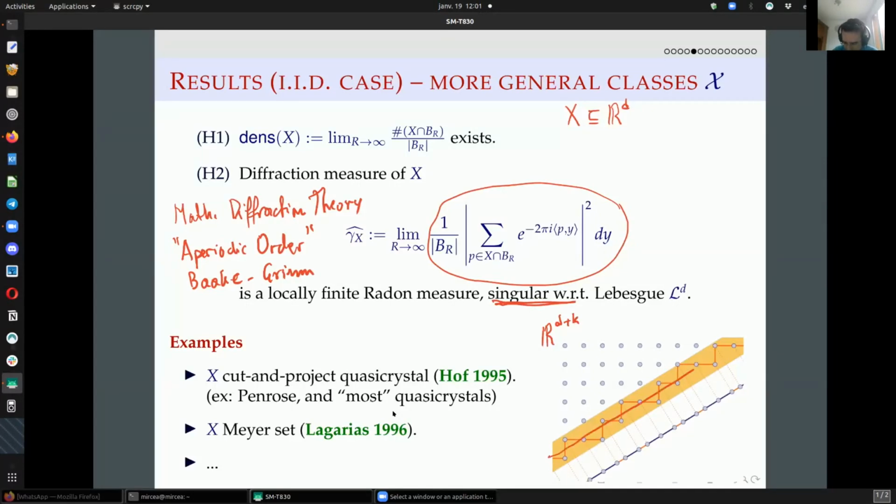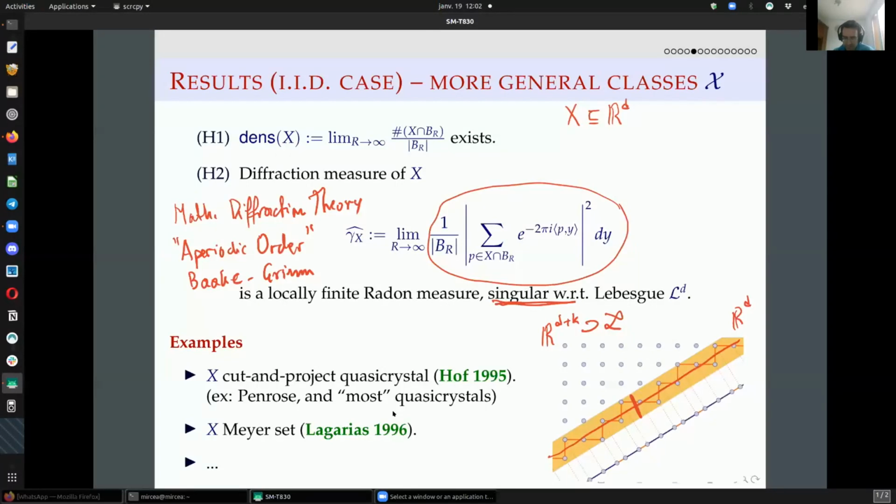I have a subspace which is identified with R^D, and I take a neighborhood of it given by a sliding window that gives me this orange band. Whatever is in the intersection of a lattice in my space R^(D+K) with this band, I project to R^D.